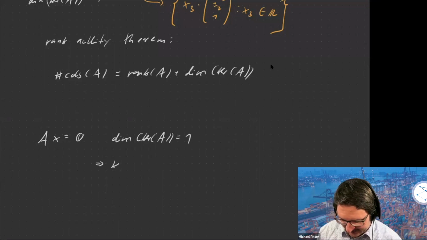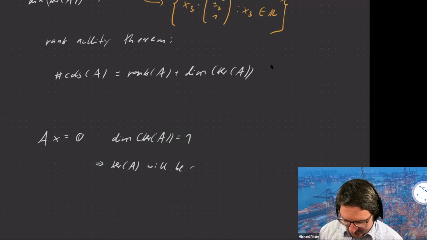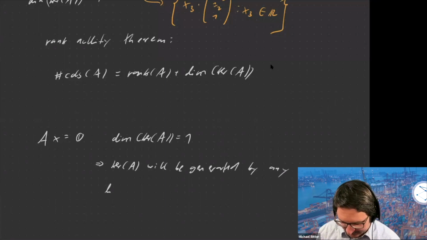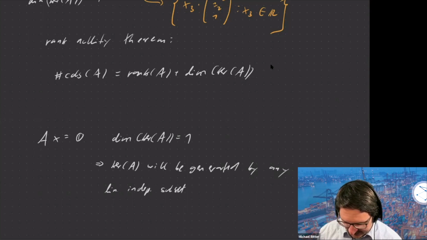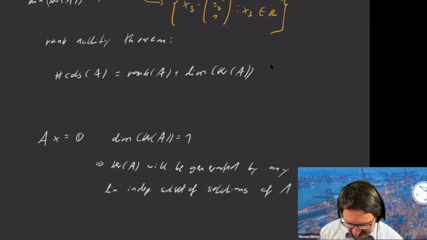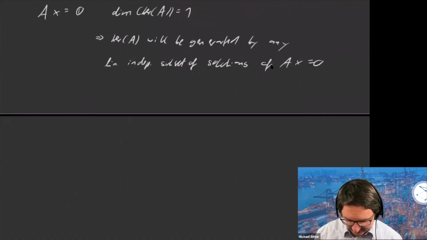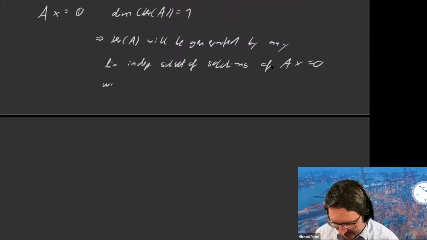That means the kernel of A will be generated by any linearly independent subset of solutions of Ax = 0 with size 1, or cardinality 1.